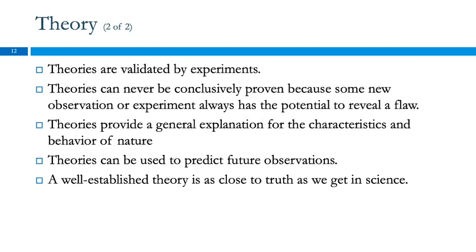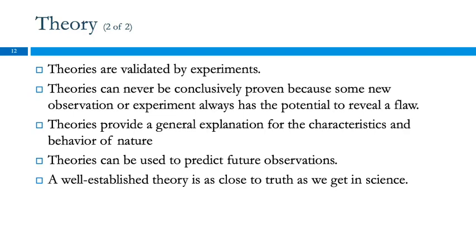Theories are also validated by experiments. An interesting idea, and it's actually somewhat troublesome, we can never prove anything to be correct. You can prove something to be incorrect, but you can't prove it to be correct. So all we can say about a good theory is that to the best of our knowledge, it is correct. No one has been able to disprove it.